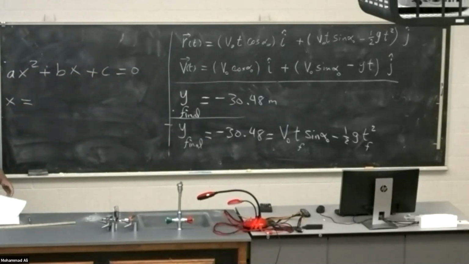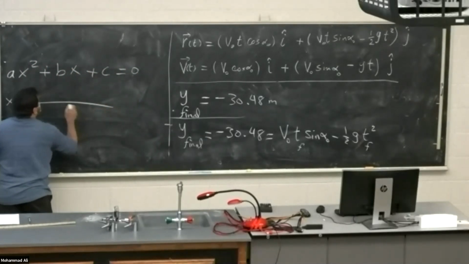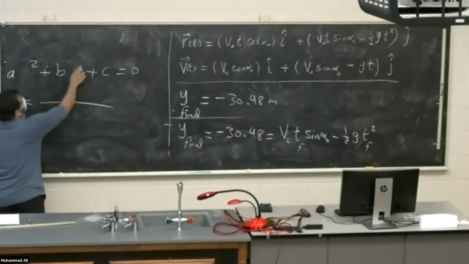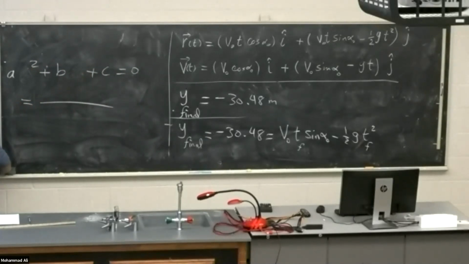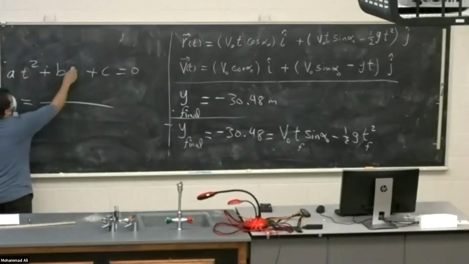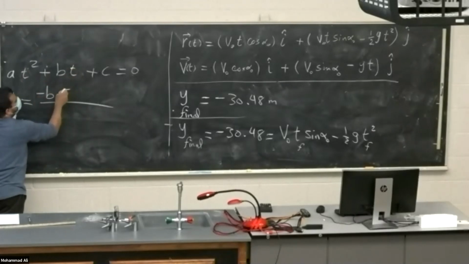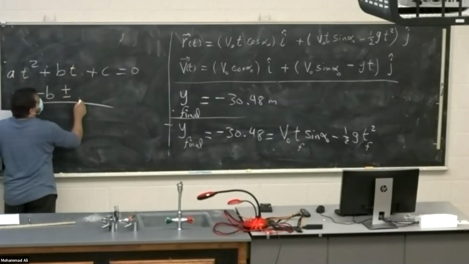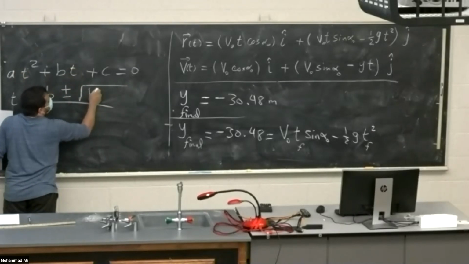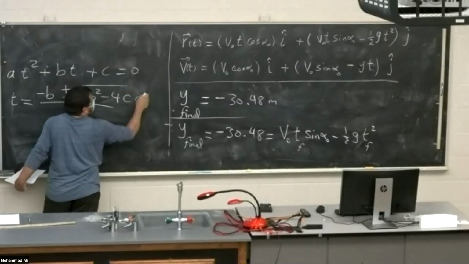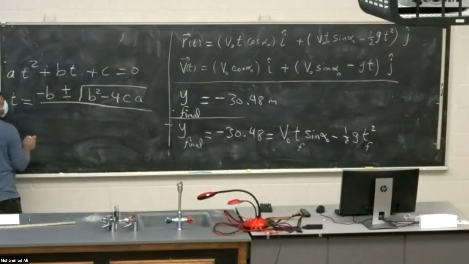By using this law, x is equal to, and in our equation the variable is the time, so I will put t. It is negative b plus or minus the square root of b squared minus 4ac, over 2a. I have two solutions because I have a square.